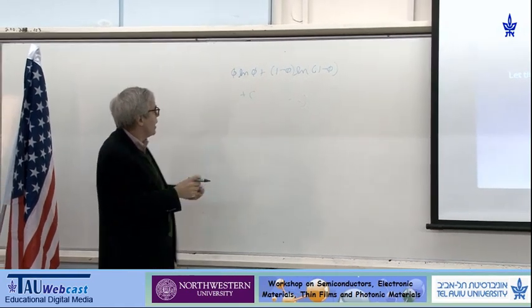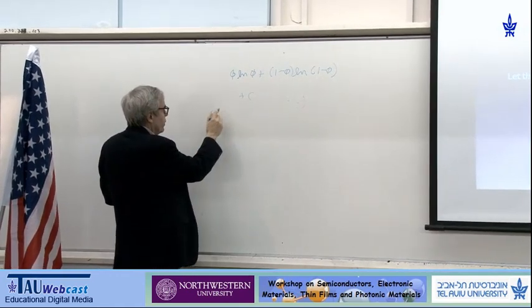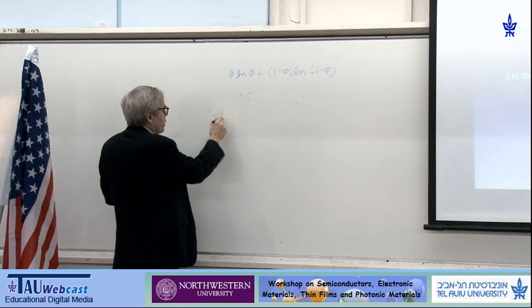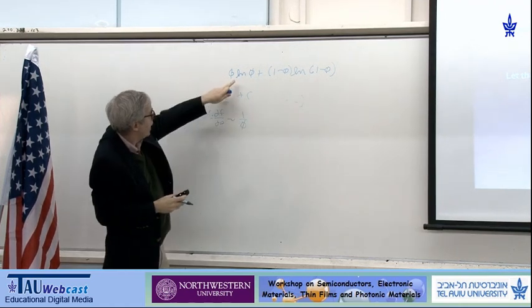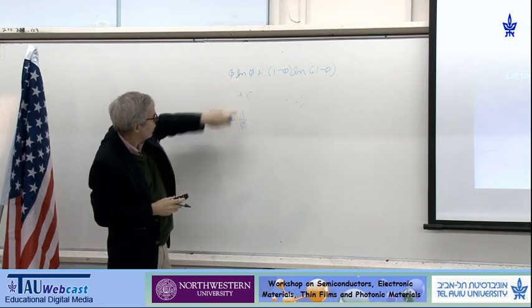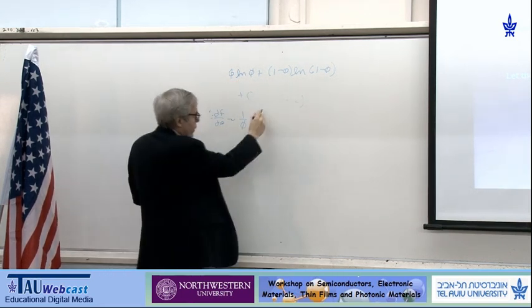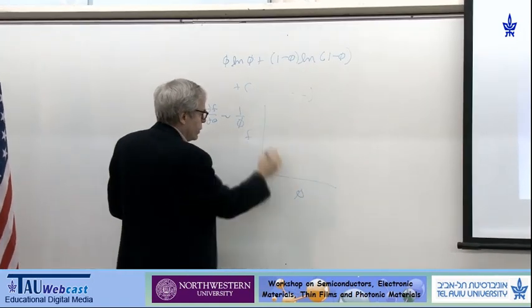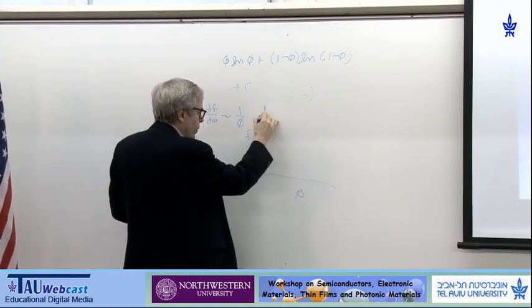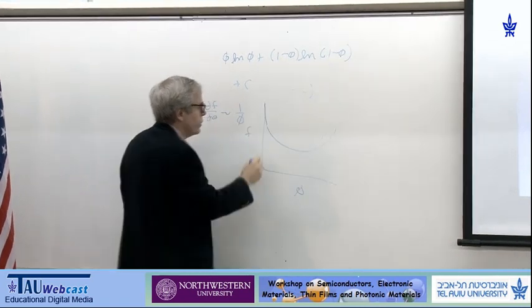This doesn't diverge, but the chemical potential, the variational derivative of this, the first derivative of f with respect to phi, goes like 1 over phi. And so you have terms that go like 1 over phi, and this is why when you draw a free energy function, the slope here is infinity, and it comes down and does something like this.